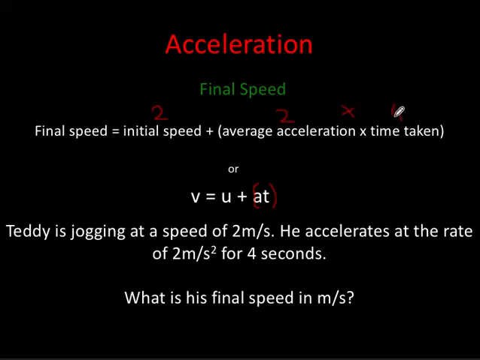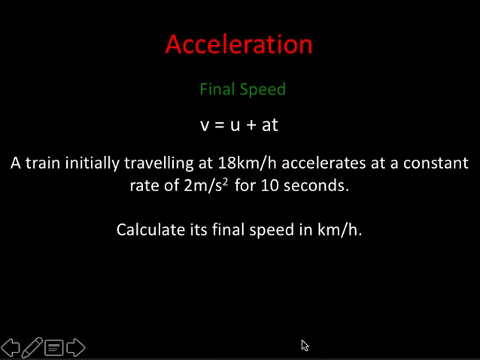So 2 times 4 equals 8, plus the initial speed, which was 2 meters per second. So now I want to go 2 plus 8, and that will give me a final speed of 10 meters per second. Let's have another go.